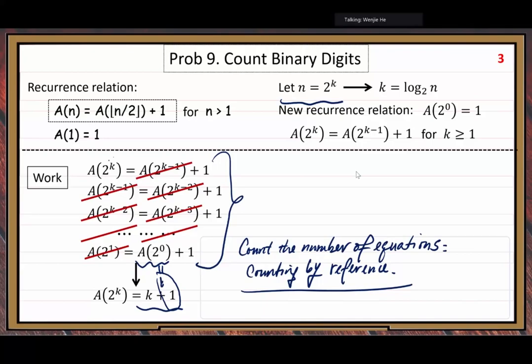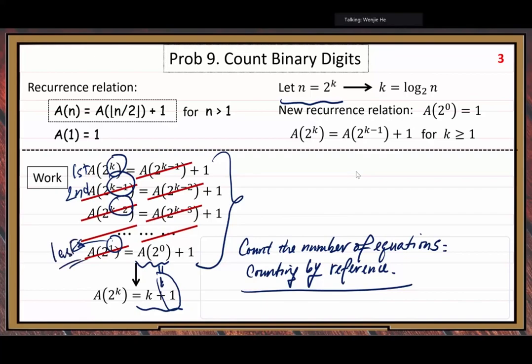Here we use superscript, not subscript this time. So k superscript corresponds to the first equation. K minus 1 superscript corresponds to the second equation, and so on. The last equation, we use superscript 1.